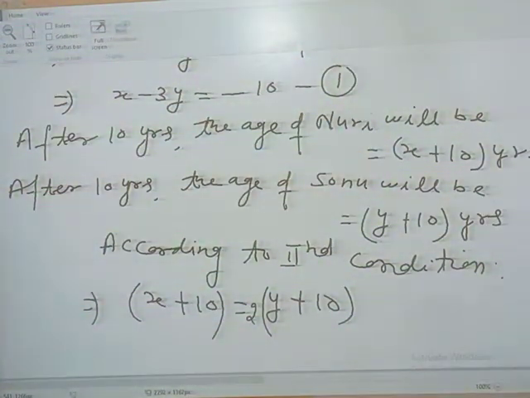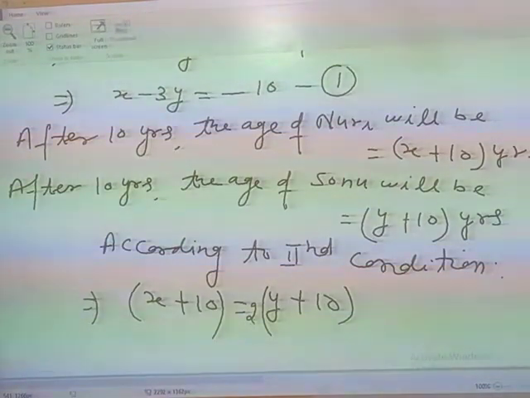Now, students, what is your first equation? x minus 3y is equal to minus 10. Now, x plus 10 is equal to twice of y plus 10.